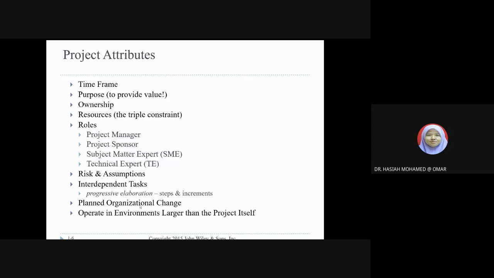Operate in an environment larger than the project itself. The new system should be able to operate in the organization and show the employees that this system can help them in their daily process.